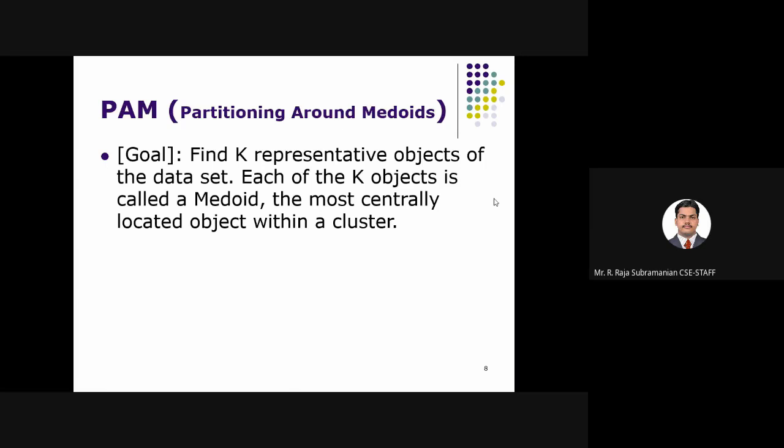So instead of selecting the medoid again and again, from the start I'm fixing that they are going to be the medoids. How am I selecting? That particular point will have a dense structure in the cluster, so I can select it. That is, it is the most centrally located object within the cluster. I'll be selecting it as the medoid. See, the most central. I'm not saying the exact center. The most central point I'll be selecting as the medoid.